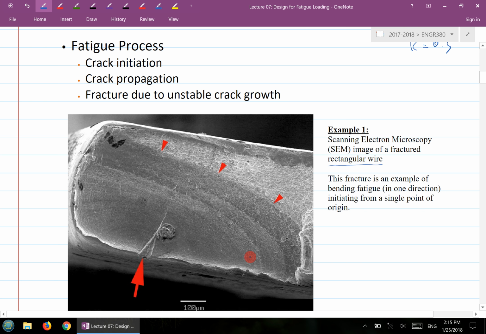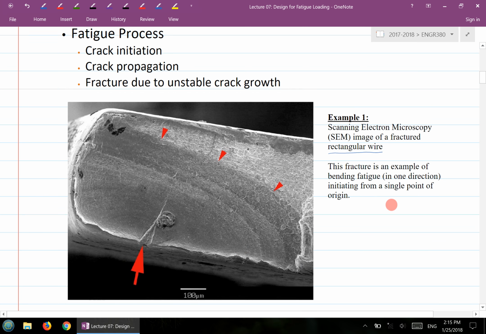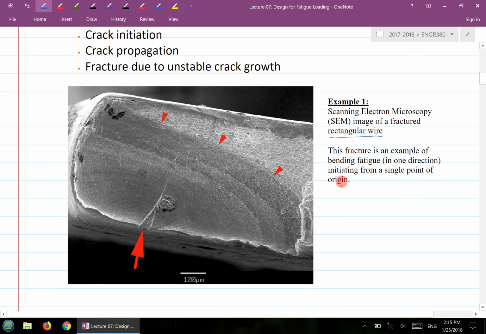So that's the process of fatigue failure under cyclic loading.